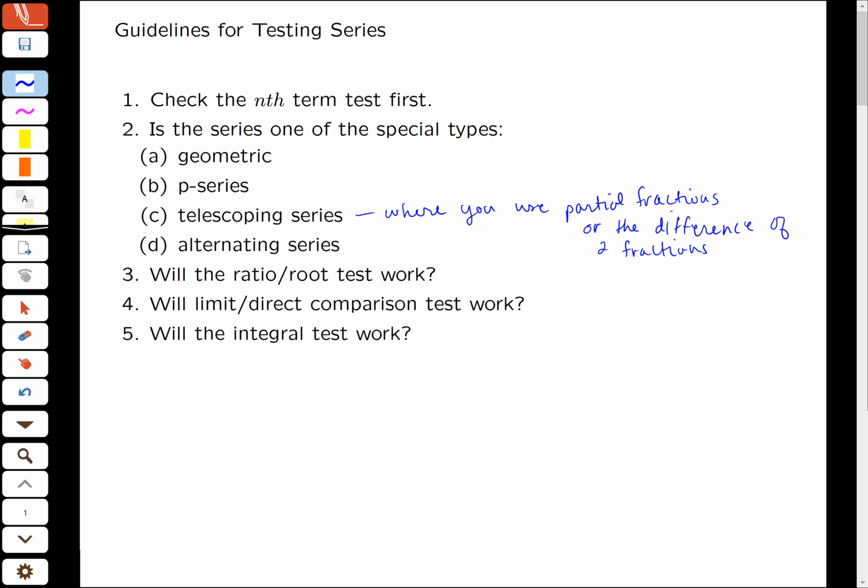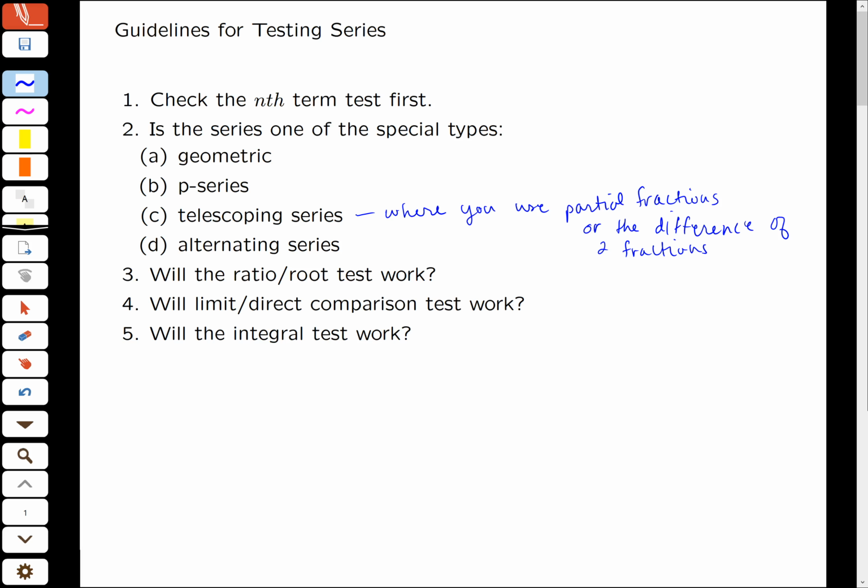You won't have to do the partial fraction decomposition on the test. On WebAssign, it doesn't always keep them separated for you, so you may have to do a partial fraction decomposition on WebAssign. And then the last one, basic type that we have is an alternating series, and you can check and see if your series has -1 to a power in it, then it's an alternating series.